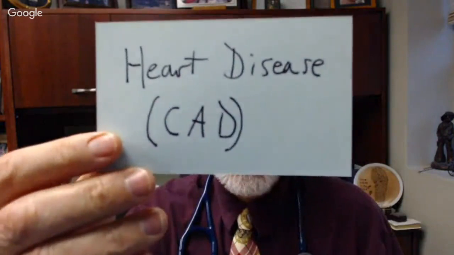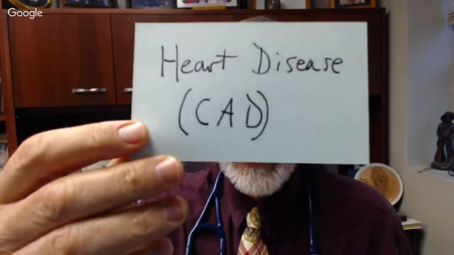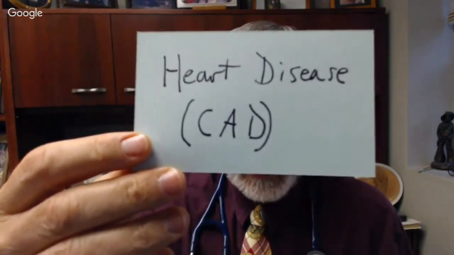The reason that we focus a lot on HDL is because we want to avoid heart disease, particularly coronary artery disease. There are a lot of different kinds of heart disease, but the main killer and cause of disease in our society is coronary artery disease, which means that the arteries that feed the heart oxygen are blocked partially or completely.